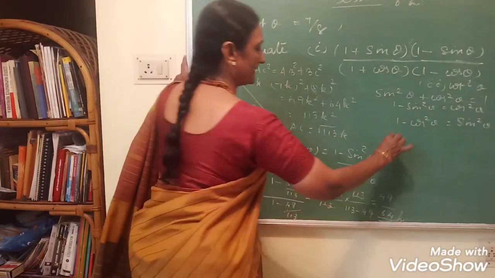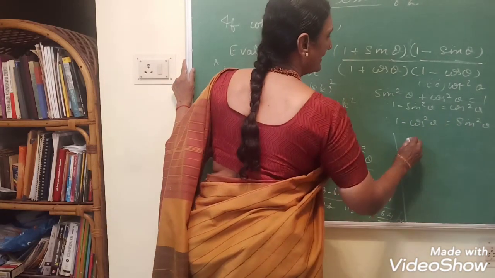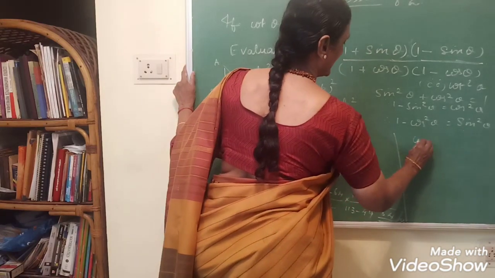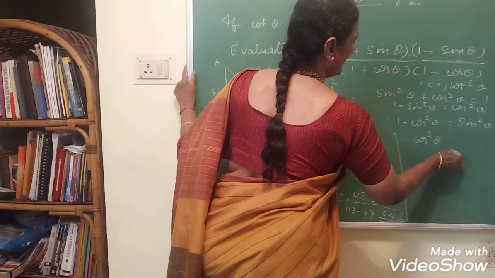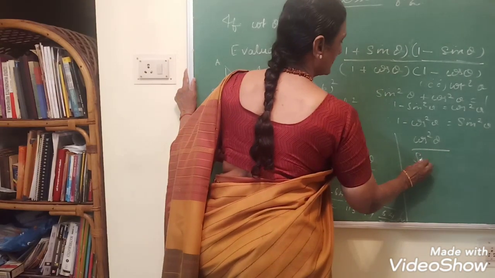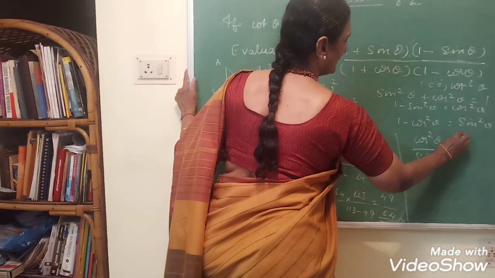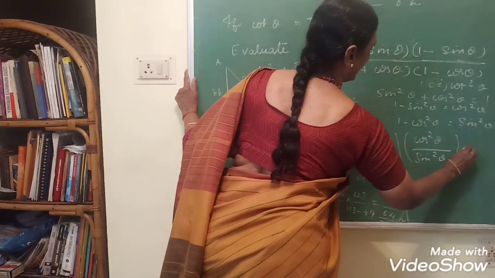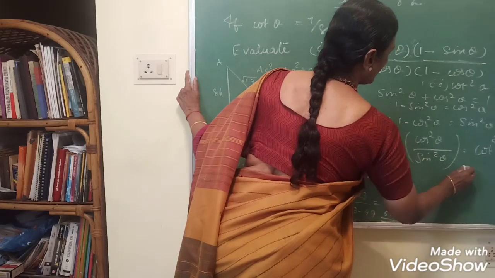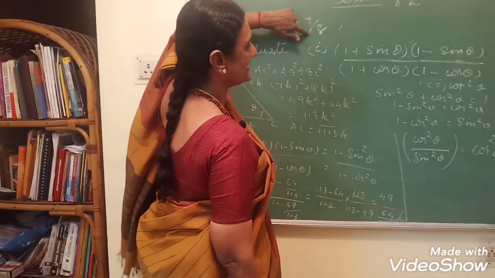So what do we get? This is the first method. In the second method we have got 1 minus sin square theta is cos square theta, and 1 minus cos square theta is sin square theta, and cos square by sin square is nothing but cot square theta, and cot theta is given to be 7 by 8.